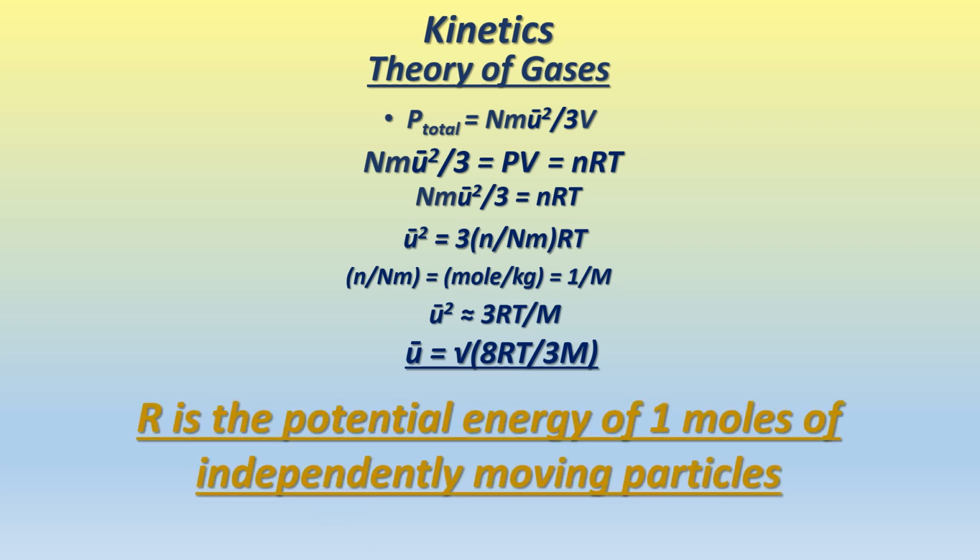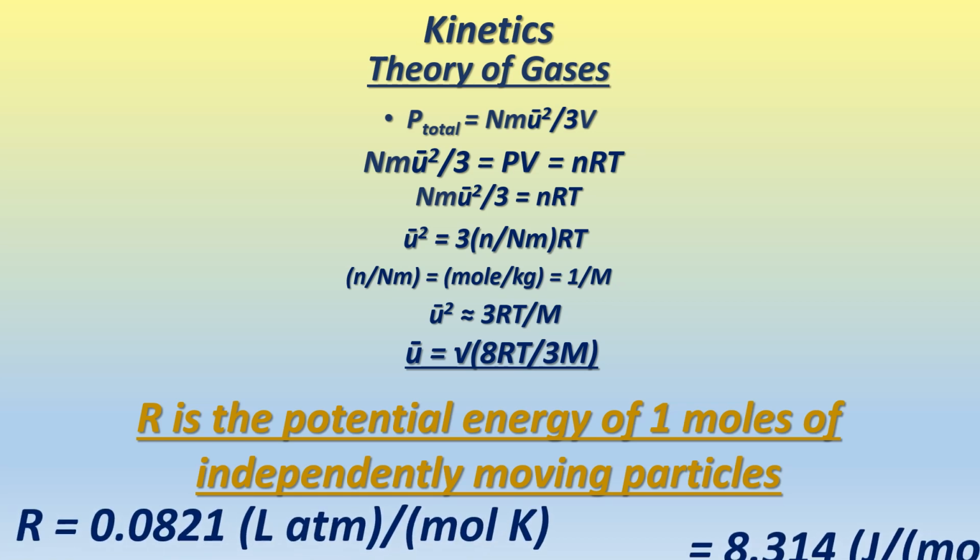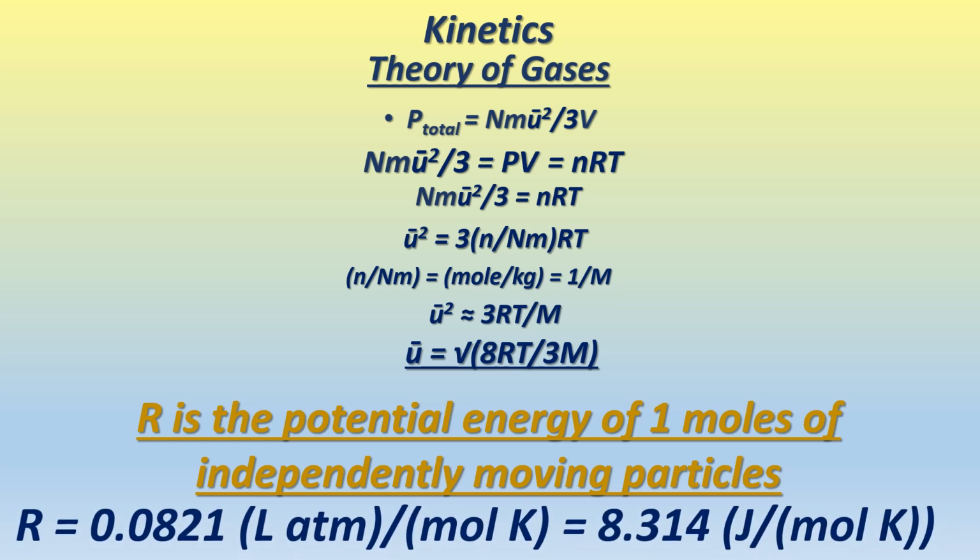What R actually represents is the potential of 1 mole of any type of independently moving particles. This is why the value of R is universal and independent of the gas. As long as the material is in the gas phase, its movement will be independent.